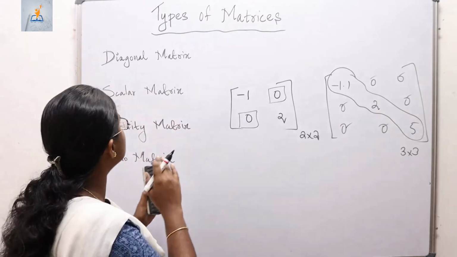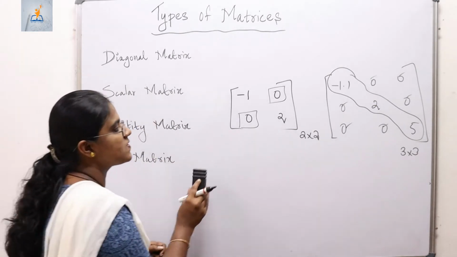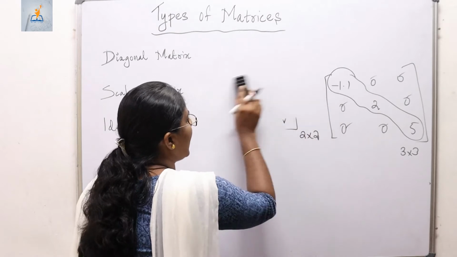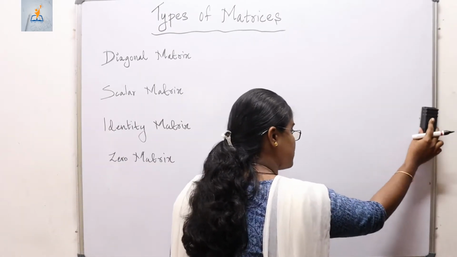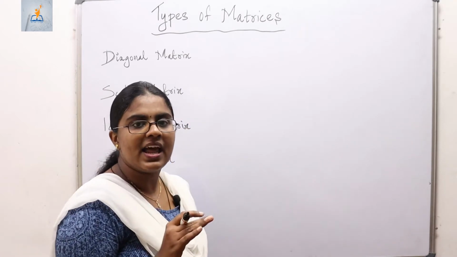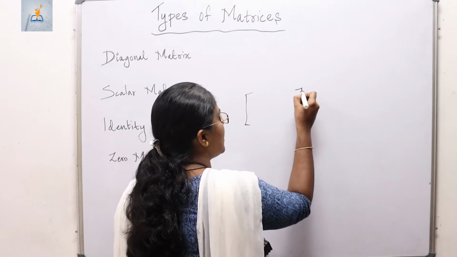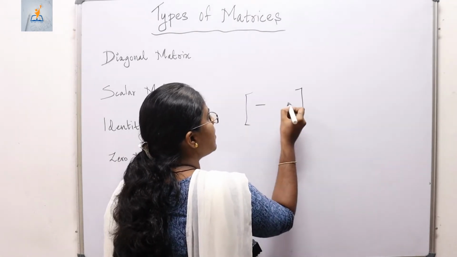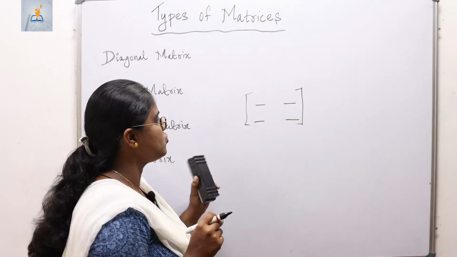So now let's move to scalar matrix. What is a scalar matrix? A scalar matrix is a diagonal matrix. Always remember that a scalar matrix is a diagonal matrix. So consider a 2 by 2 matrix. It will have 4 elements in 2 rows and 2 columns.